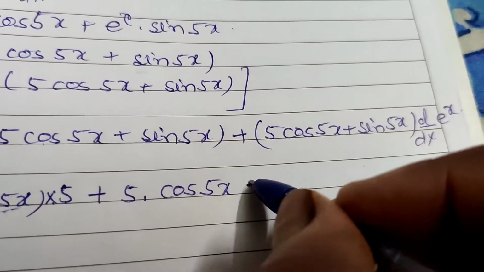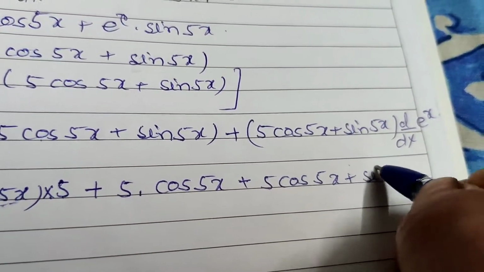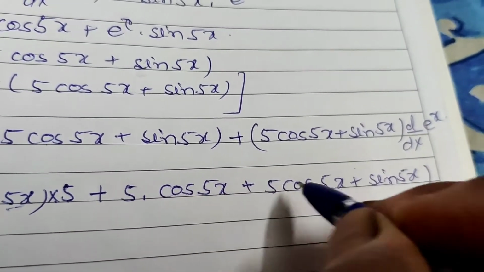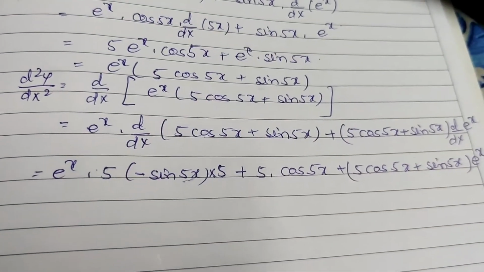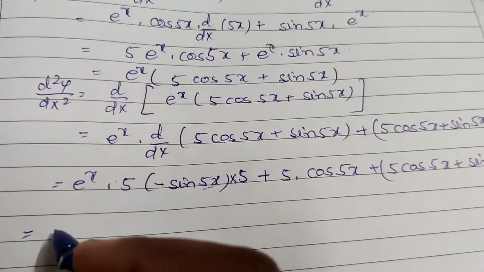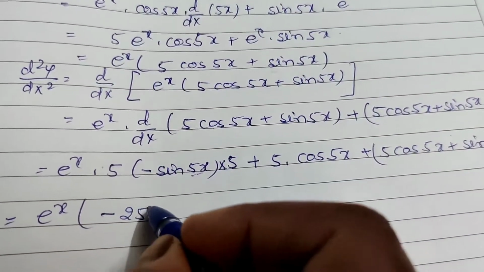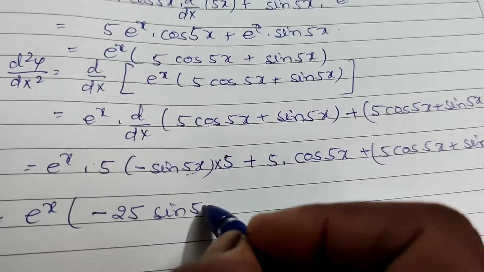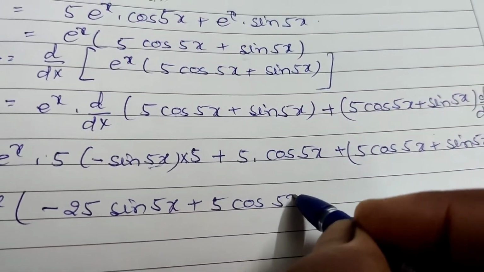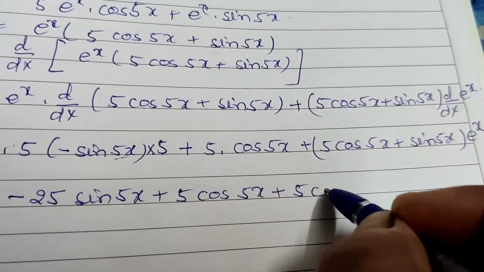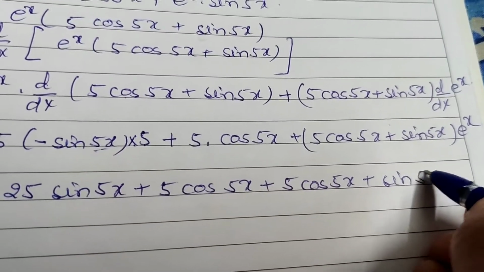And here 5 cos 5x plus sin 5x into e raised to power x. Okay. Take e raised to power x common. Final: minus 25 sin 5x plus 5 cos 5x plus 5 cos 5x plus sin 5x.